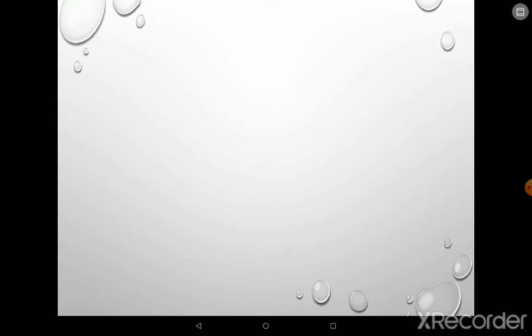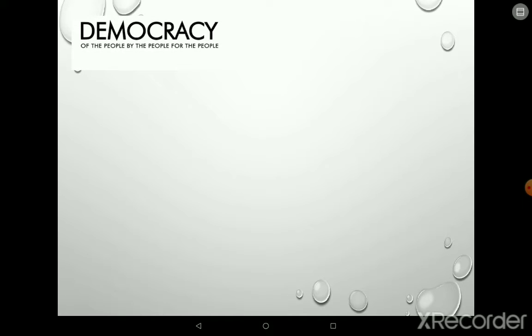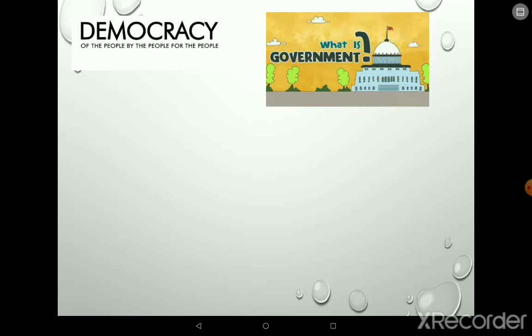In our previous session we have learned what is democracy, and after that we have learned what is government. Government is a group of people who are responsible for making the laws and taking care of the affairs which are related to the governance or the ruling of the country.